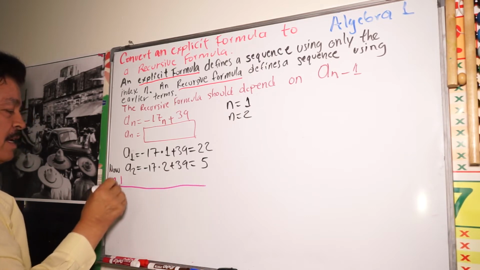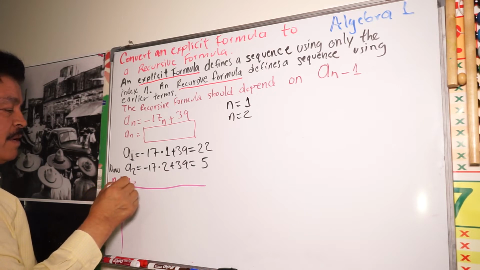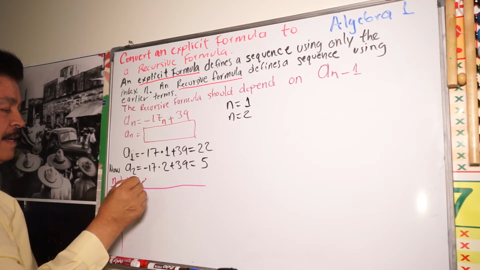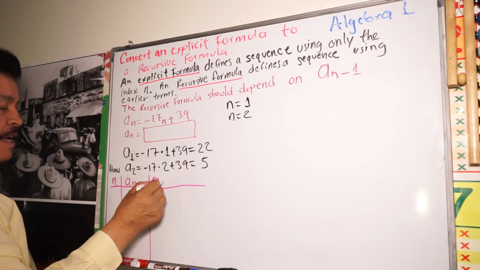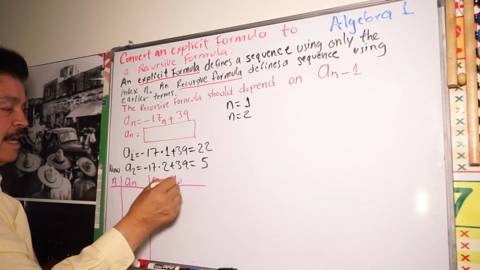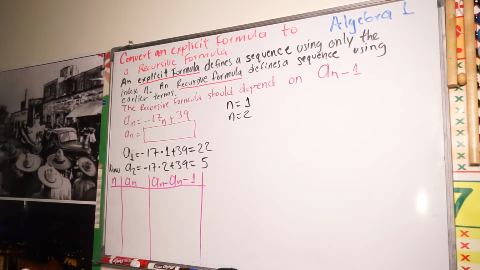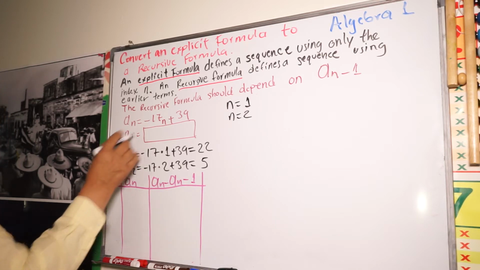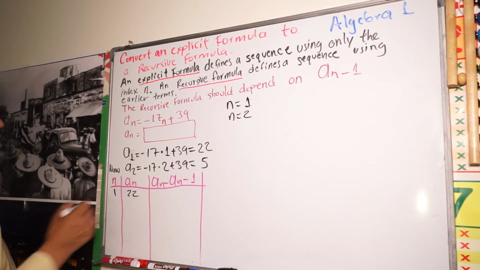Make the table with a_n here, and then here should be a_n minus 1.